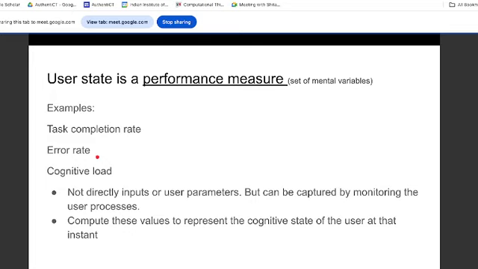We don't need to enter these, but they can be captured by monitoring the processes in which users interact with the system. And we compute these values to represent the cognitive state of the user, the mental state of the user at that instant. After computing that, what we get is the performance measure.